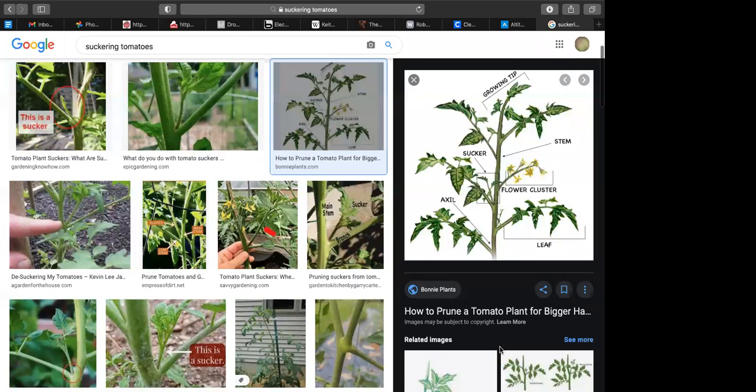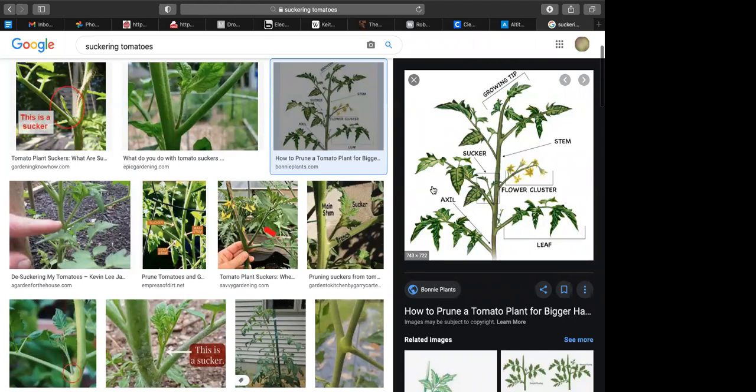And then for other suckers, since they have the potential to become leaders and throw off the growth of the tomato plant, you want to take those off, because that means the plant is now focused on its vegetative growth and not its fruiting growth.